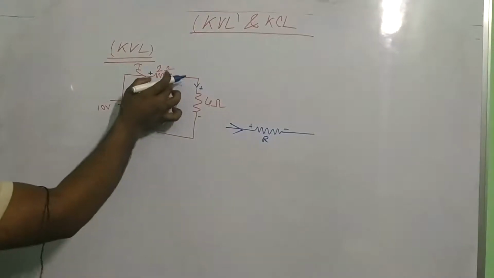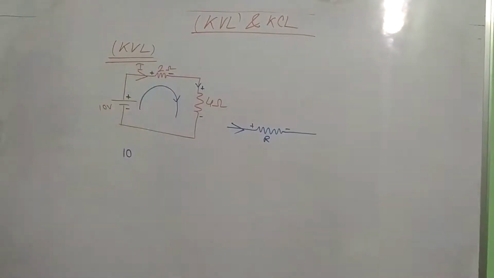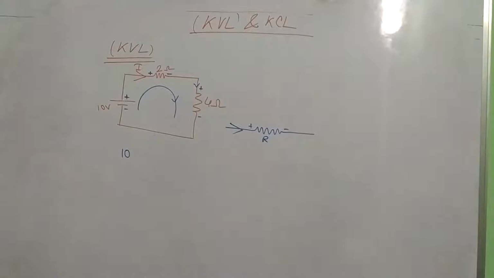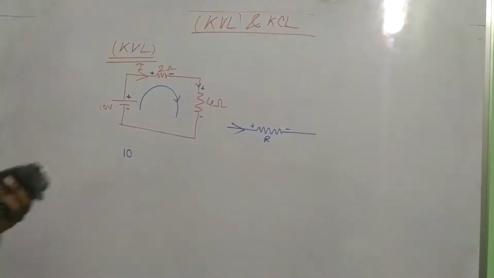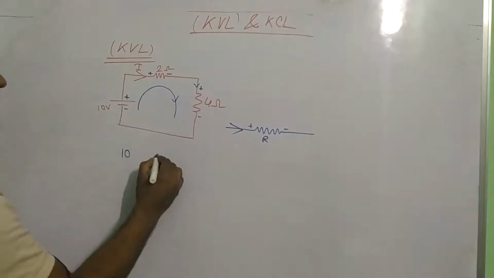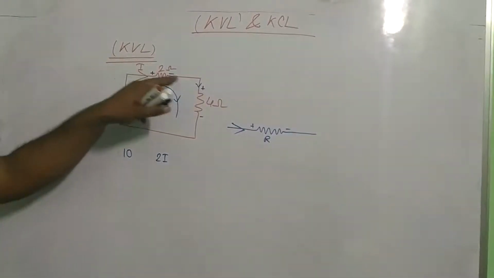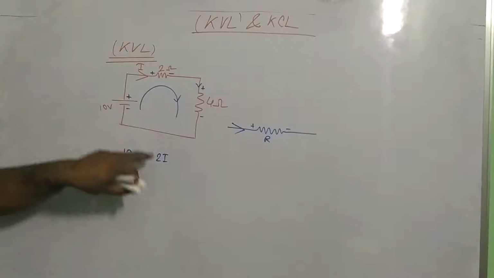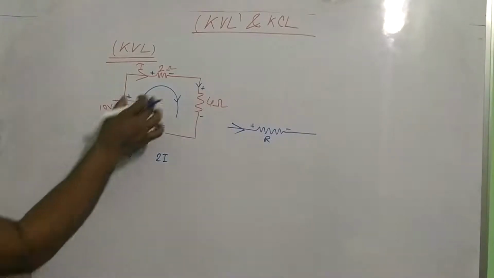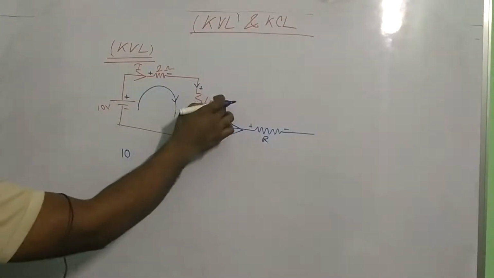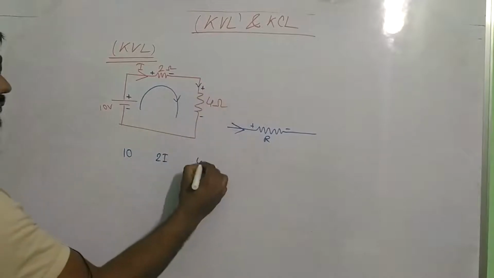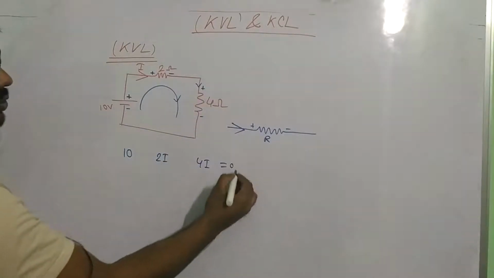After that the 2 ohm resistance. Across the 2 ohm resistance the voltage drop is 2 into I, considering the current through the circuit is I. Then the voltage drop across the 4 ohm resistance is 4 into I, equal to 0.